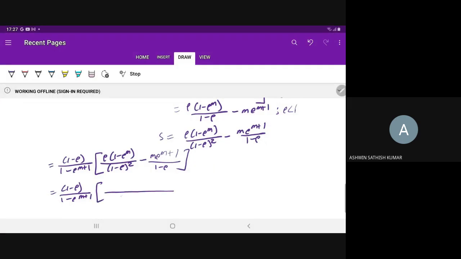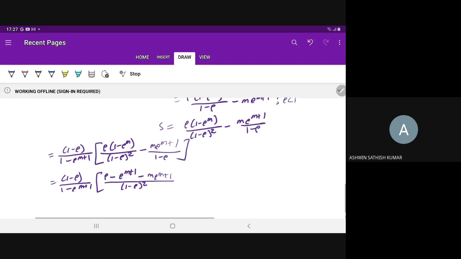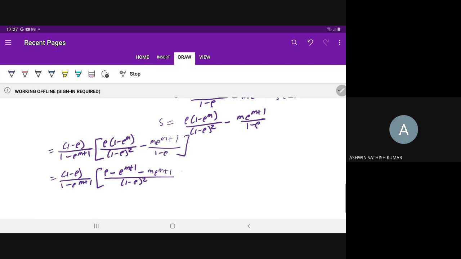So here if you take the LCM, 1 minus rho whole square, and here we have rho minus rho to power m plus 1 minus 1 minus rho, if you multiply here minus, this will become m rho to power m plus 1, and minus minus plus plus, here we have m rho to power m plus 2. So 1 minus rho and 1 minus rho, here we have the cancellation.